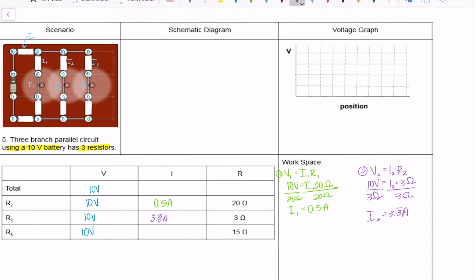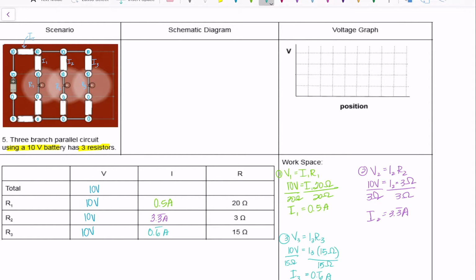And then for branch 3, we have V3 is equal to I3 times R3. So 10 volts is equal to the current for 3 times 15 ohms. We divide by 15 ohms, and we get that the current for branch 3 is 0.6 repeating.